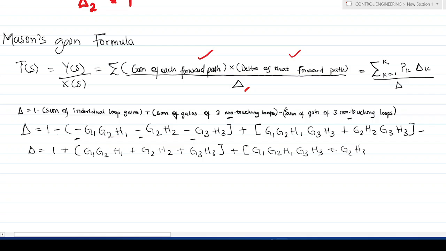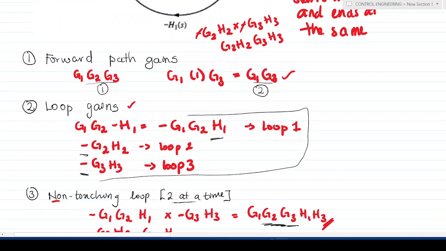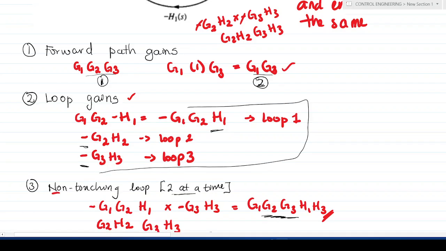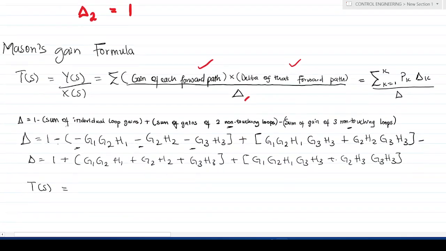Okay. So now we can write a complete equation. T of s is equal to what? The gain of each forward path, this is it, forward path gain 1 and 2. So we get our G1, G2, G3, and G1, G3, which we'll write with the 1 for the measure. So let's come back and write it out.